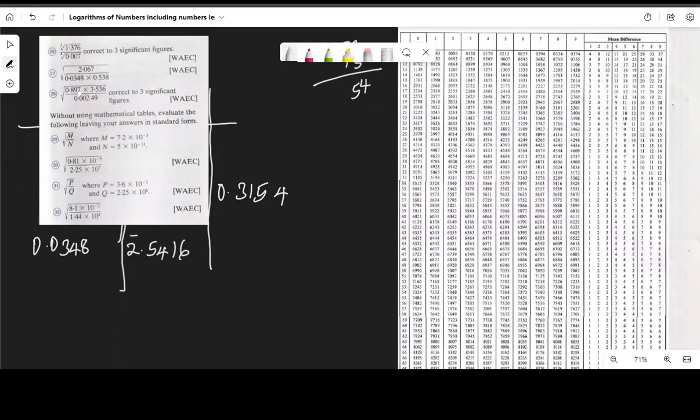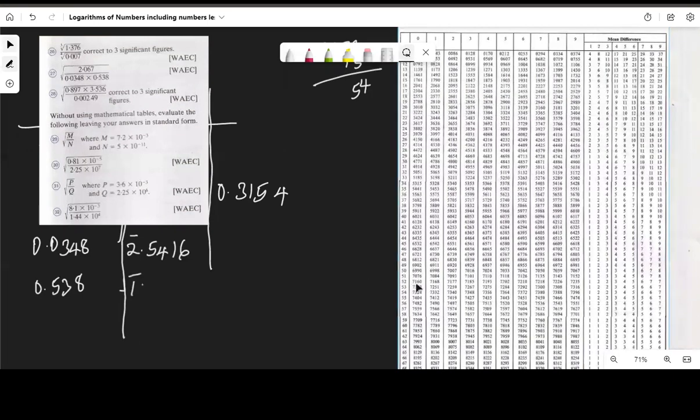Then for the second number we have 0.538. The characteristic is bar 1. 53 under 8 is, no, that is 54.